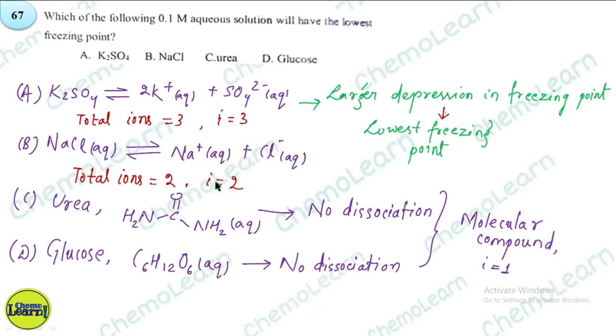And urea and glucose are molecular compounds. Here no dissociation is seen. So, here i equal to 1. So, you can see in option A, here i equal to 3, that means larger depression in freezing point, lowest freezing point is observed in K2SO4.